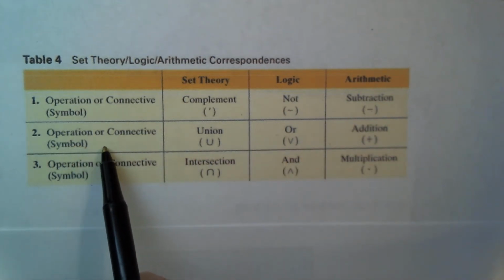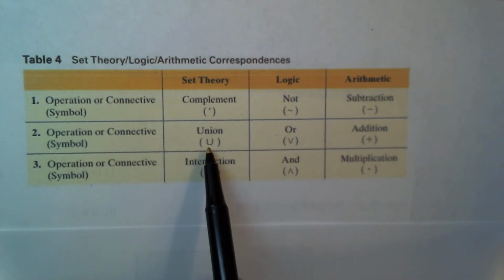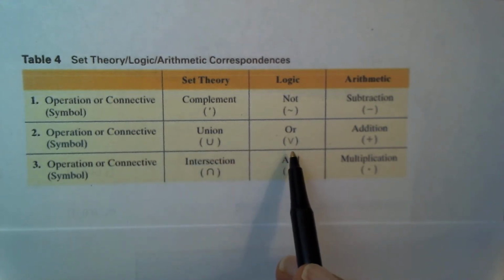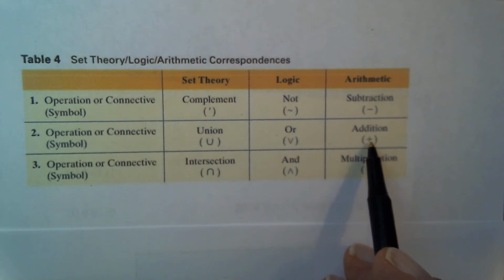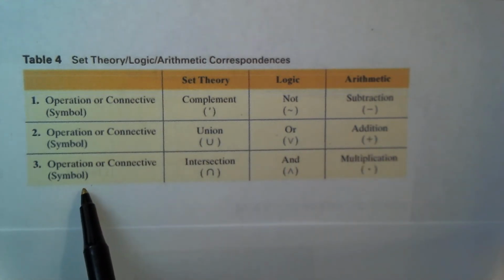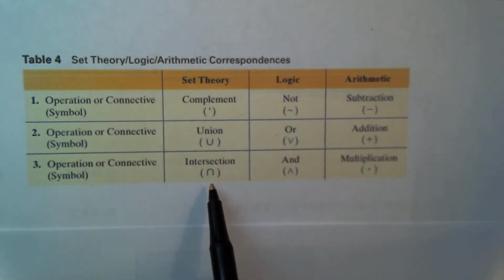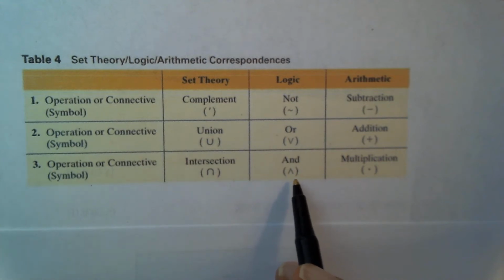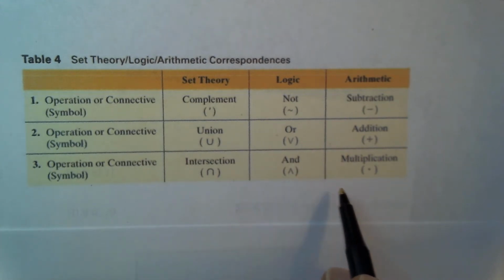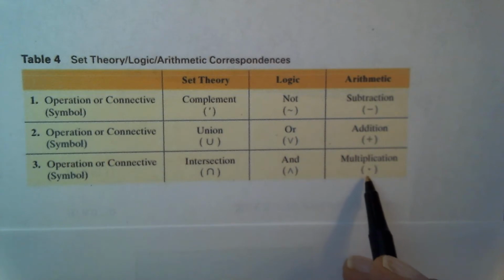The operational connective symbol for a union is the letter U you've seen before, and in logic it's like an OR with a V, and in arithmetic it's addition, a plus sign. And for the intersection, you have seen that upside down U, and in logic it's the upward arrow, and in arithmetic we use the symbol of multiplication.